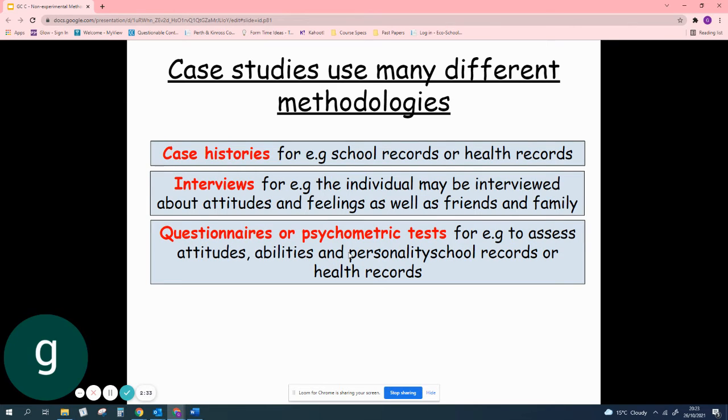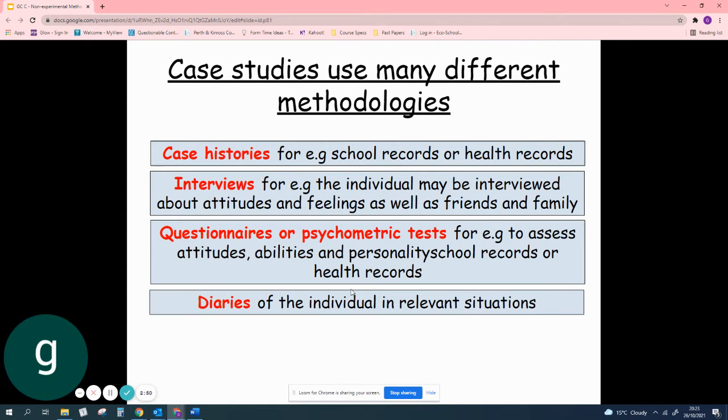Questionnaires are psychometric tests to assess attitudes, abilities, and anything that's psychoanalysable. We've talked about bogus pipelines and social desirability. So obviously there are flaws with questionnaires and the psychometric approach, but they're a useful part of a case study. Then diaries of the individual, an interesting window into the mind of that person.